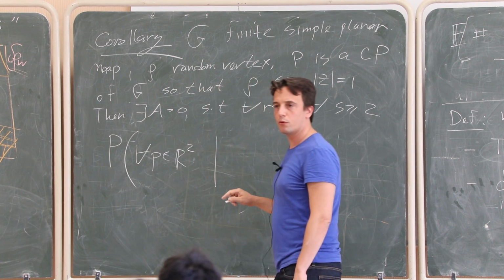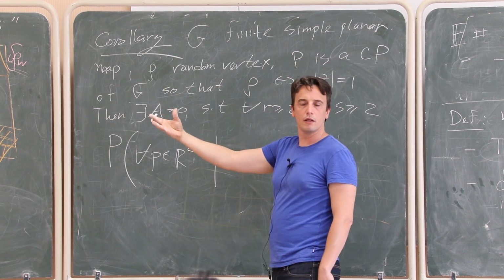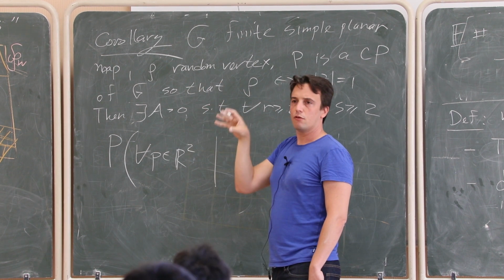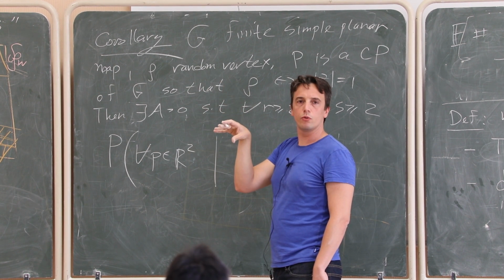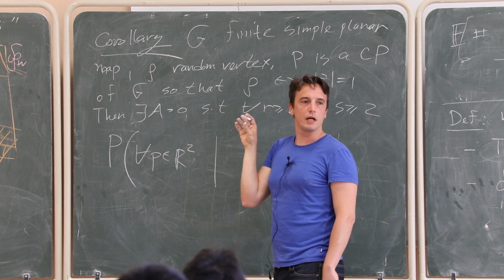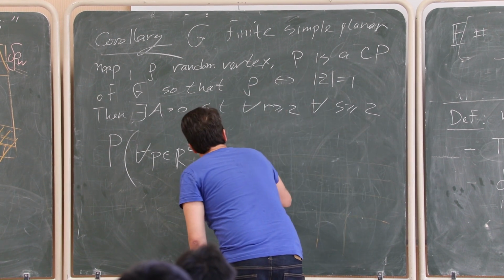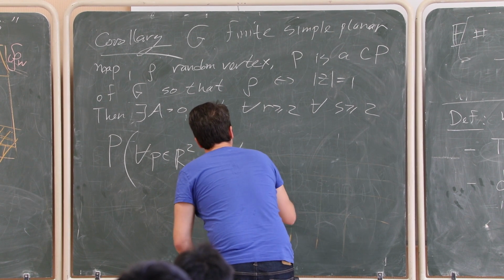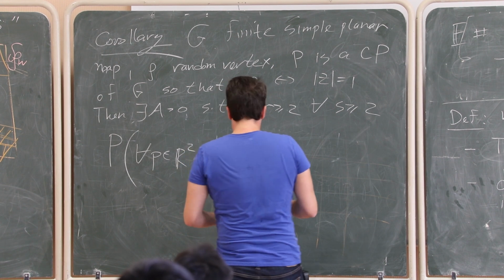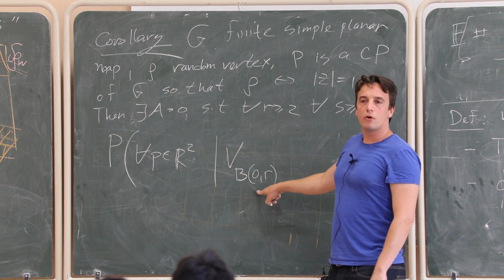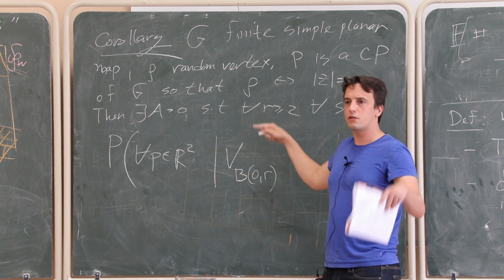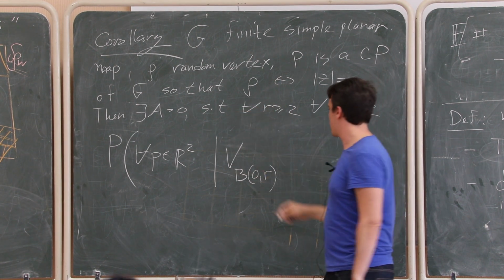If you remember, for a circle packing I used the term V_D, for some subset D of R2, to denote all the vertices whose circles have centers in that set. So here it will be V(B(0,r)), the number of vertices with centers at Euclidean distance at most r from the origin.